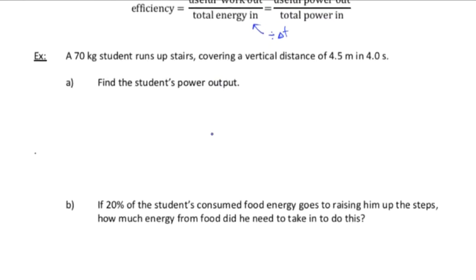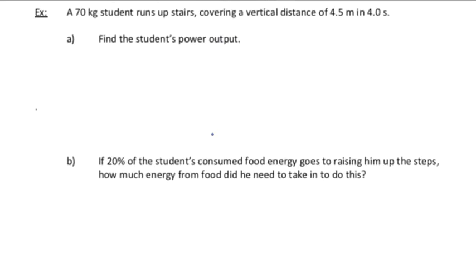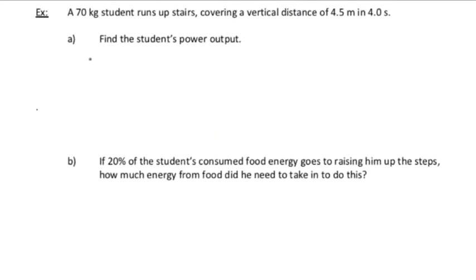Let's look at an example. In the first part of this example, we're just asked to find power output, not efficiency. We've got a 70 kilogram student who runs upstairs covering a vertical distance of 4.5 meters and doing that in 4 seconds. First, we're asked to find their power output. So their average power is going to be the change in energy divided by the change in time.